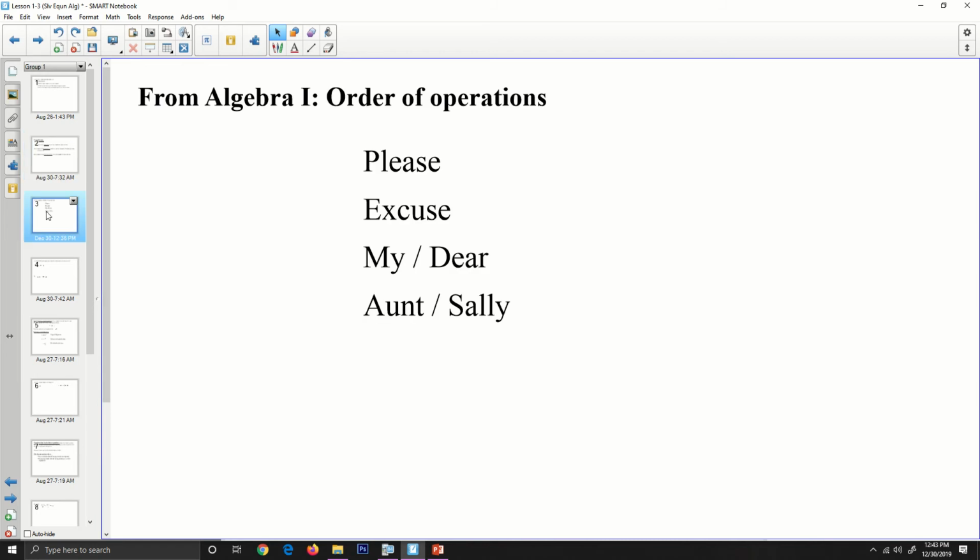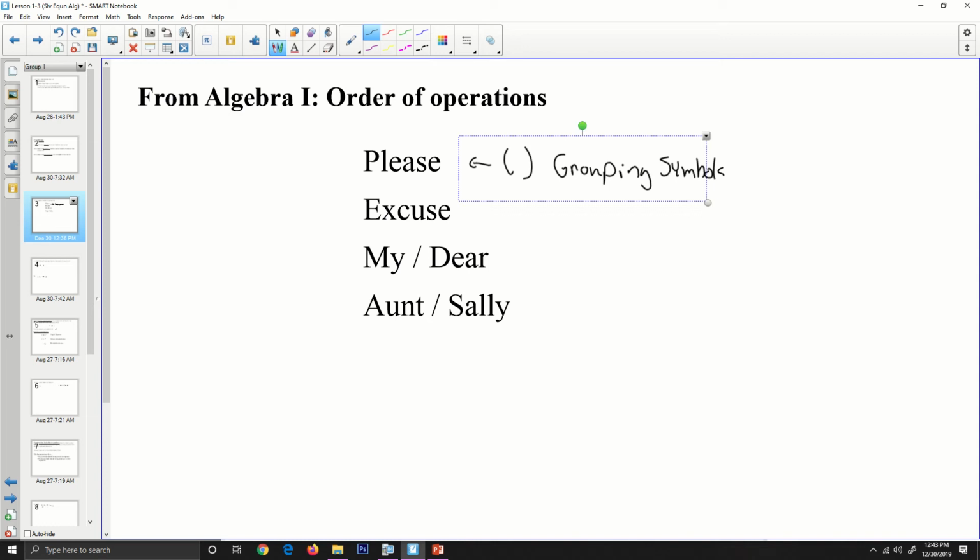Another review from Algebra 1, the order of operations. Please excuse my dear Aunt Sally is the mnemonic device. Just as a quick review, this is going to be parentheses or grouping symbols. And when I say grouping symbols, I'm talking about things like tangent, absolute value, and those types of things.